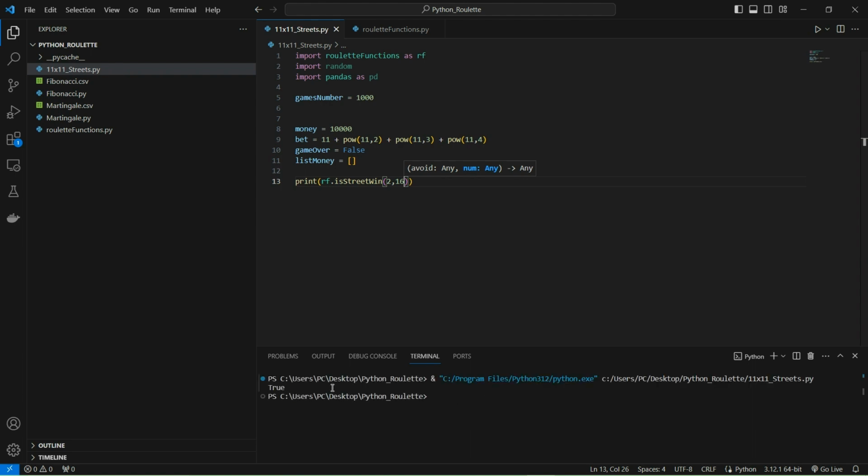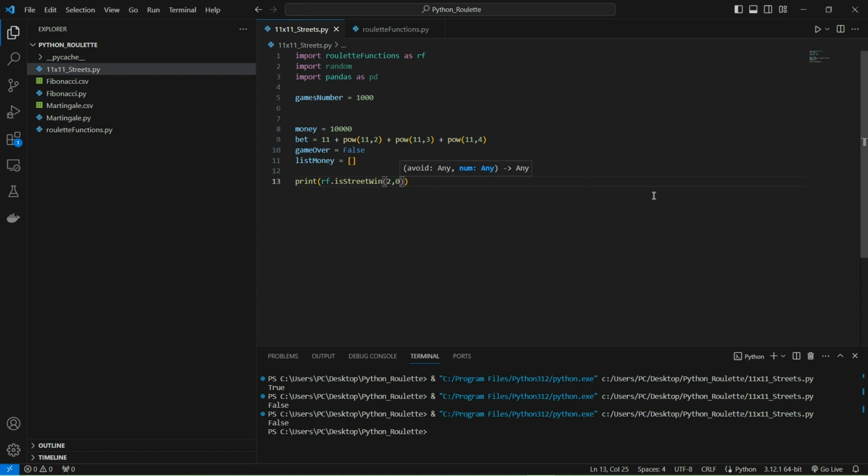So win is true. But if it is number 4, 5 or 6, I will put 5. Now I should not win. Now win is false, and it also works for 0. If 0 is the number, win is also false. Let's test this. It is again false, so this function works.